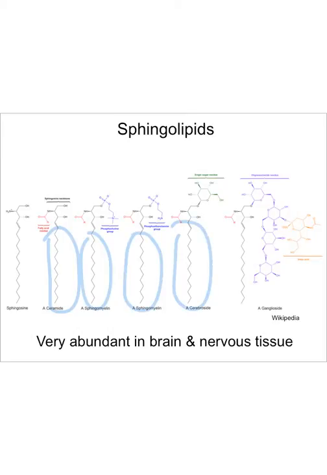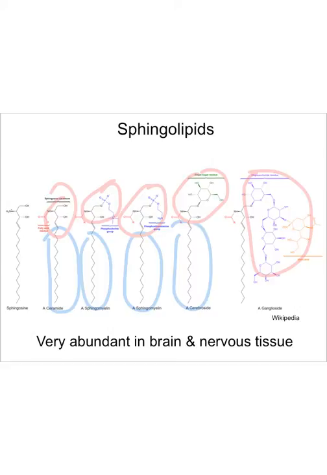Then there's modification of the head group of the ceramide to make the whole series of different sphingolipids you see here, including ceramides, sphingomyelins, cerebrosides, and gangliosides. It's important to note that you do not have to know the structure of any of these sphingolipids. You just have to know that they exist and have a broad idea of their structure, which is a lipid tail with a modified head group.